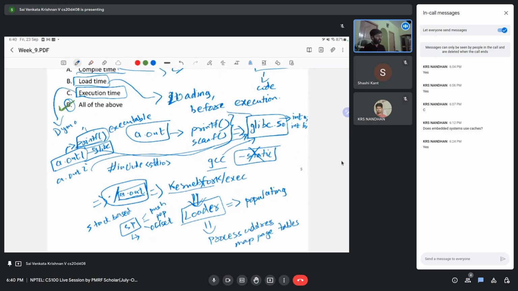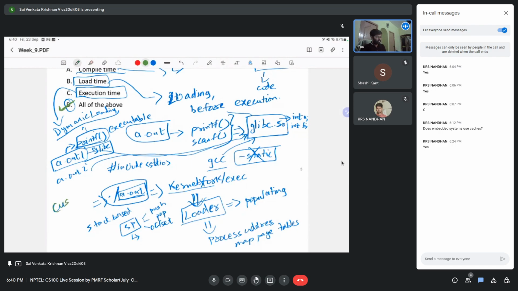And when you come to execution time, you might have known the concept of dynamic loading. For example, in the same glibc library, say you want to use some other library, some custom mylib.